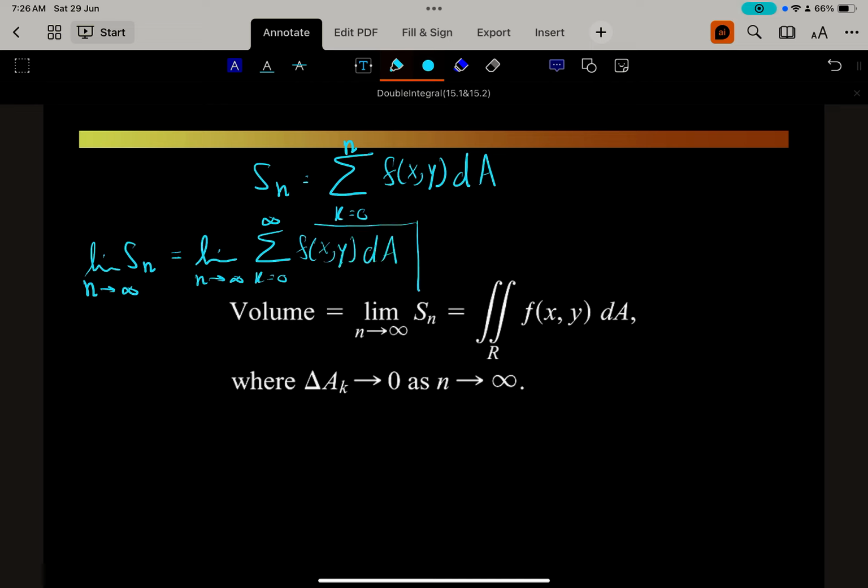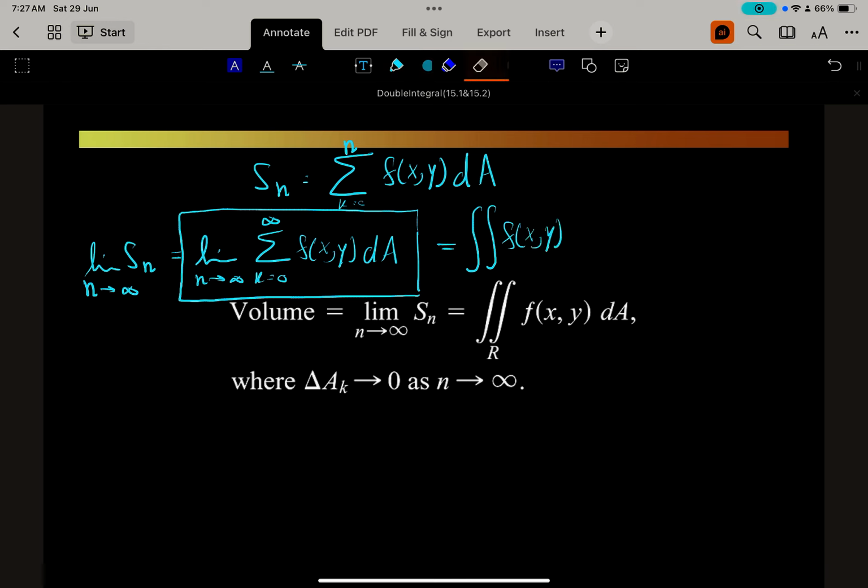And this, my friend, is basically the definition. We have just written the definition of an integral, which is the limit as n approaches infinity of the Riemann sum of the function, which was defined as the double integral of f of x, y.